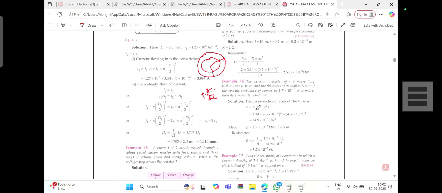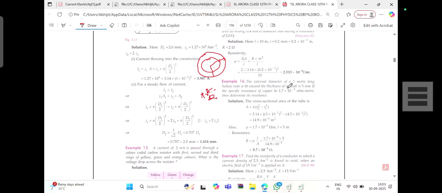So the cross-sectional area is 3.14, the value of π, times R2², where the diameter of the outer surface is given as 10 centimeter, so the radius is 5 centimeter, converted into meter.